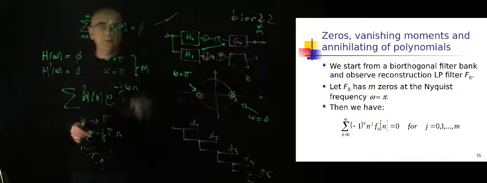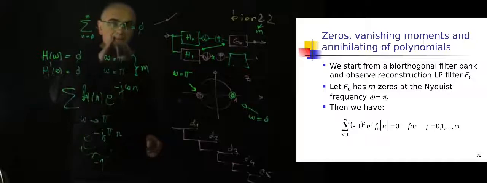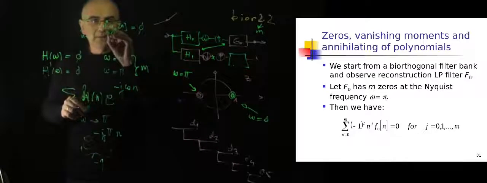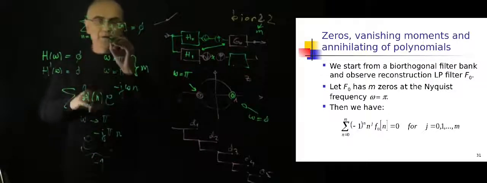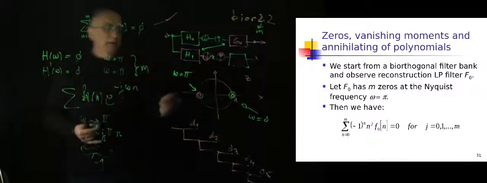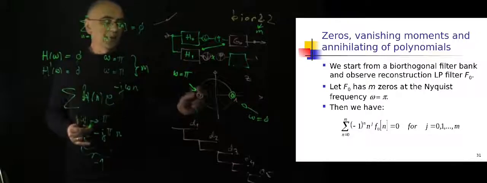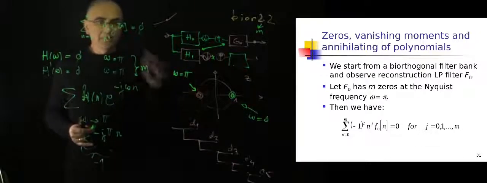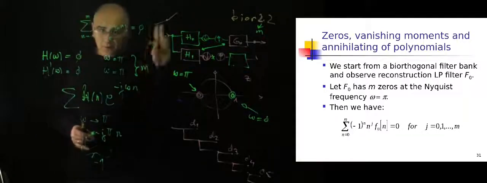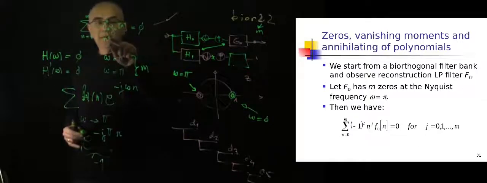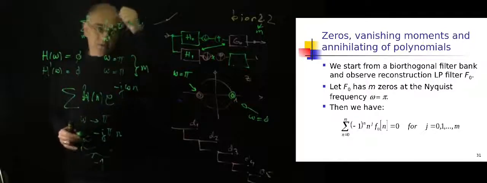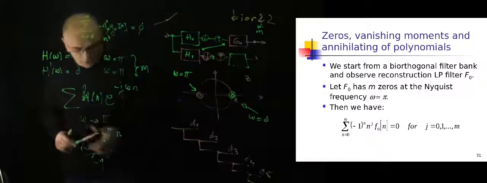It equals 0 for such n to the power of j, and j can be 0, 1, 2, 3, of course depending on how many zeros the filter has at the Nyquist frequency. My filter has 2 zeros, so it will work for 0 and 1. So actually we have 2 expressions.